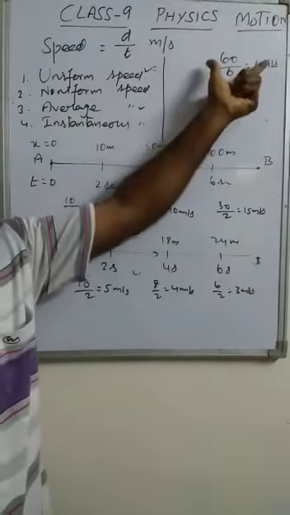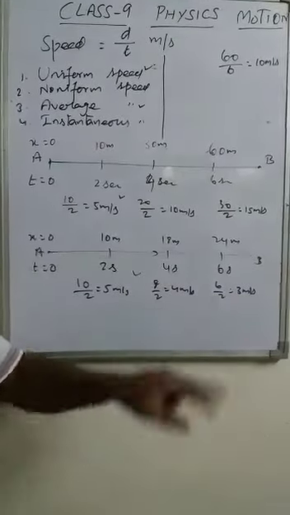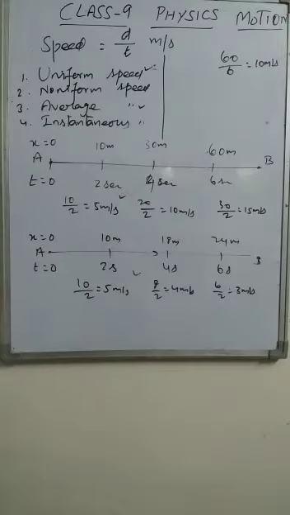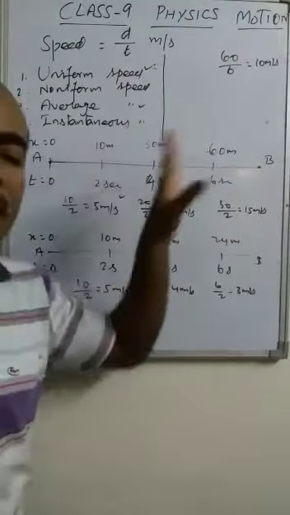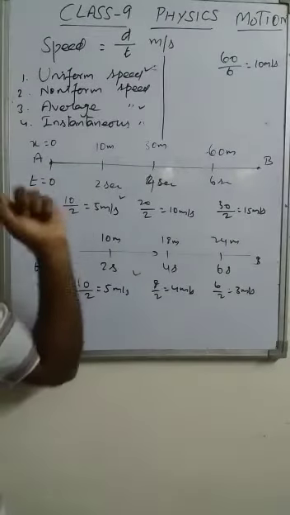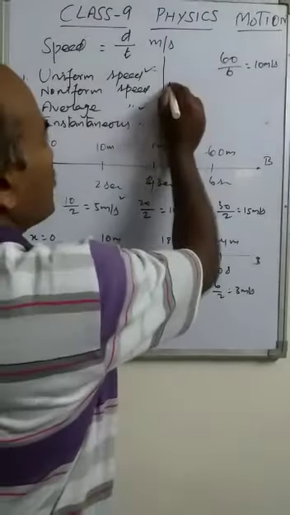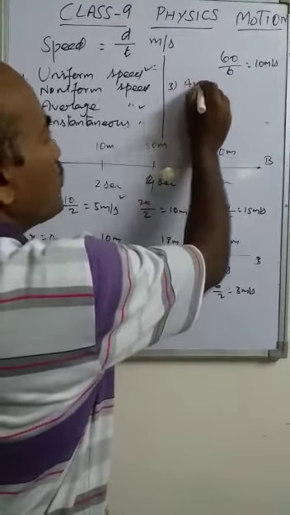Here what we are showing is how much total distance is covered by that object in the total time, and that total distance upon total time is known as the average speed. So the third one is average speed.